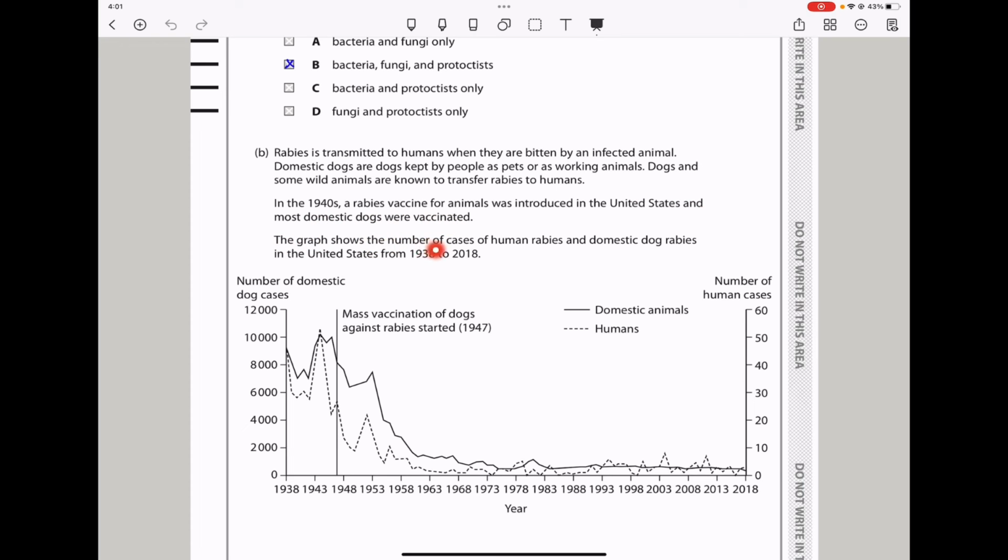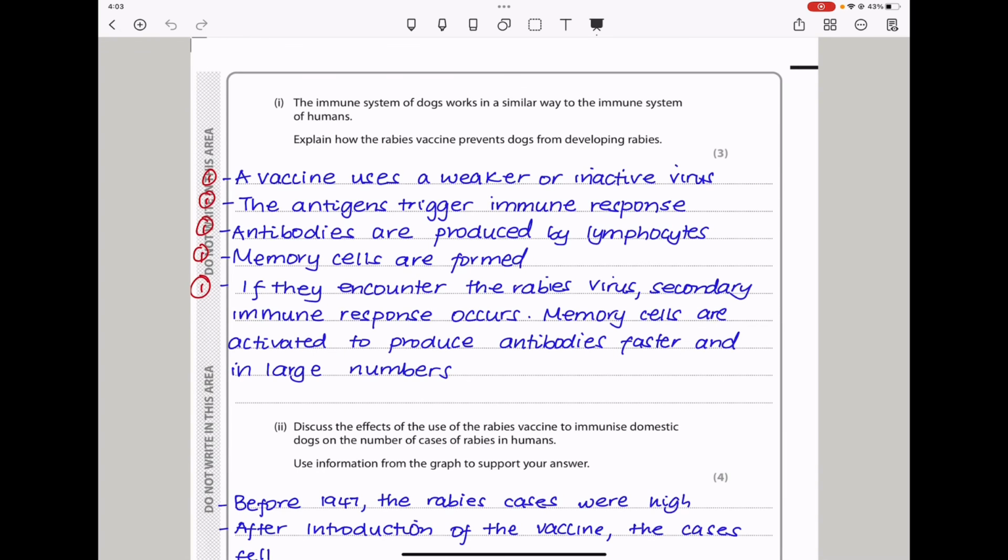The graph shows the number of cases of human rabies and domestic dog rabies in the United States from 1938 to 2018. On the vertical axis, we have the number of cases for humans as well as for domestic animals. On the horizontal axis, we have the time in years. After introduction of the vaccination in the 1940s, we see the number of cases decreased drastically and remained oscillating about a specific value.